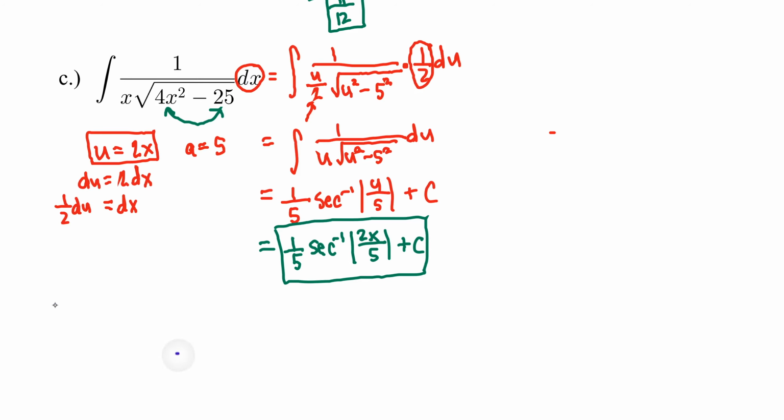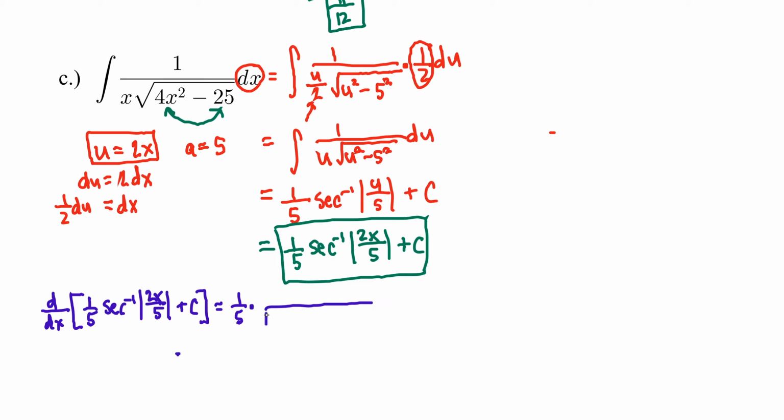For good measure, let's check by differentiation. I'm going to differentiate my antiderivative with respect to x and see if it matches the original integrand. So we have constant coefficient 1/5. Now, when we differentiate a secant, if you need to flip back and look at that formula, you can absolutely do that.